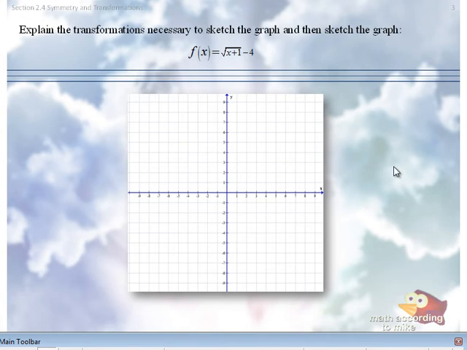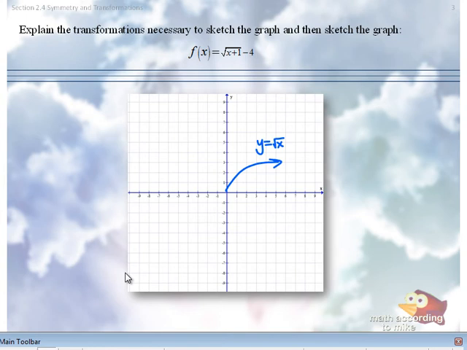Half of a parabola sideways. Good. So the graph of a square root looks something like this. Okay? Now there is an order of operations, if you will, as far as the order in which you want to do the transformations. For right now, it does not matter until we get another transformation on the board.